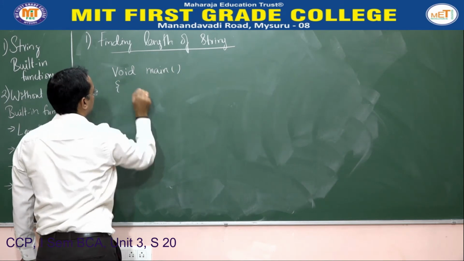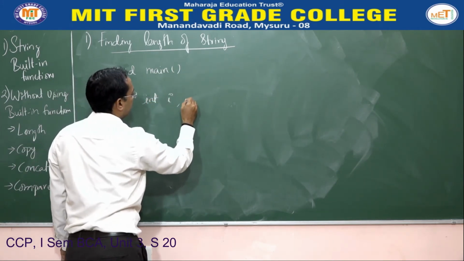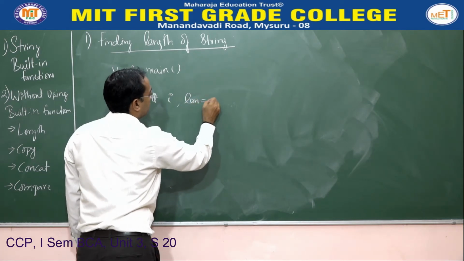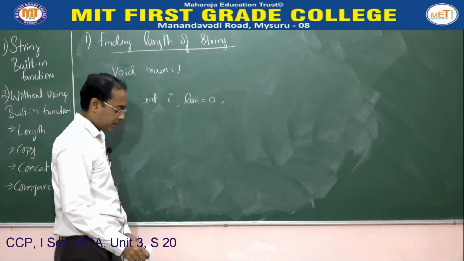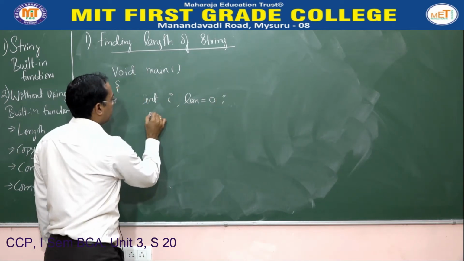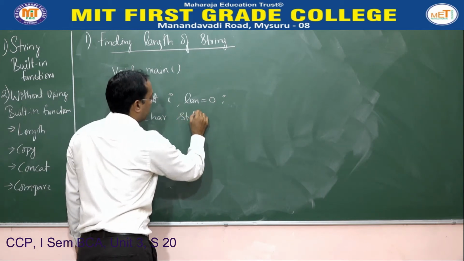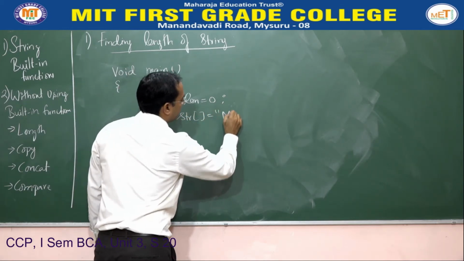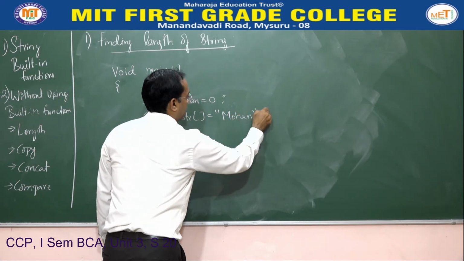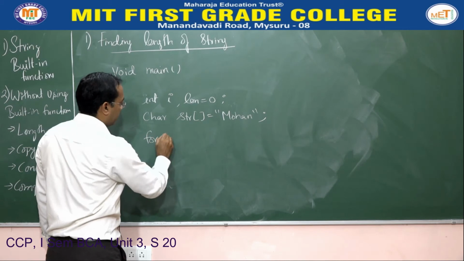Void main. int i and len is equal to 0 to keep track of the length, i for the for loop. Then declare variable str, assign some string value. Now you need to write the for loop.